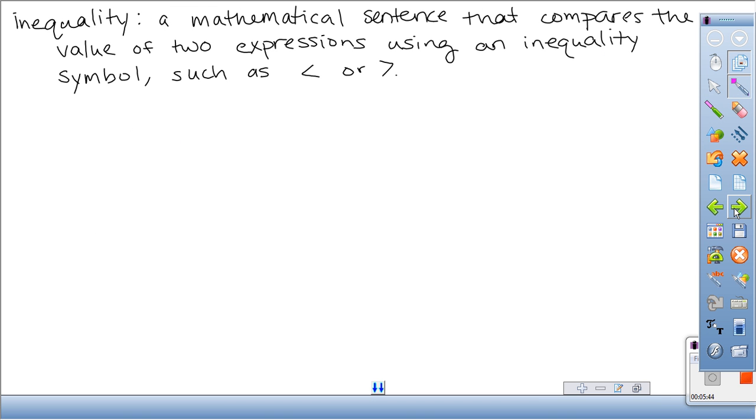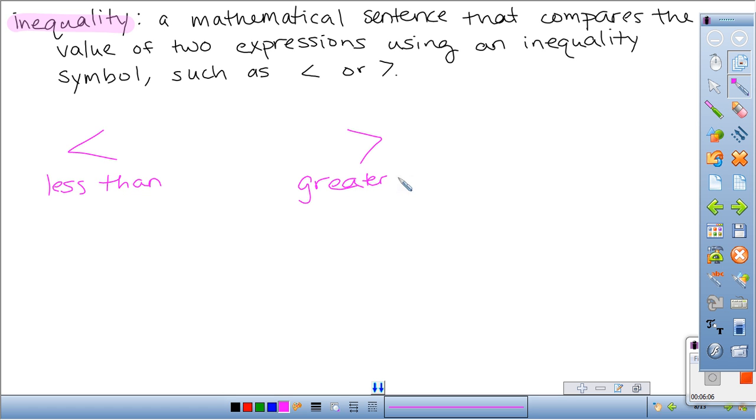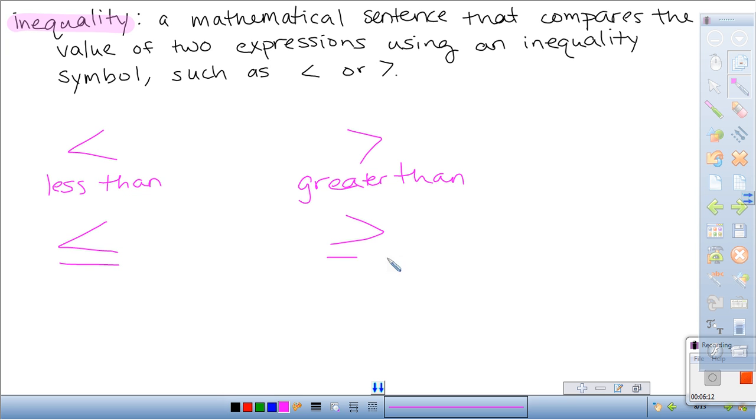An inequality. An inequality is a mathematical sentence that compares the value of two expressions using an inequality symbol such as less than or greater than. So remember, this is less than, and we have greater than. We also have signs like less than or equal to, and greater than or equal to.